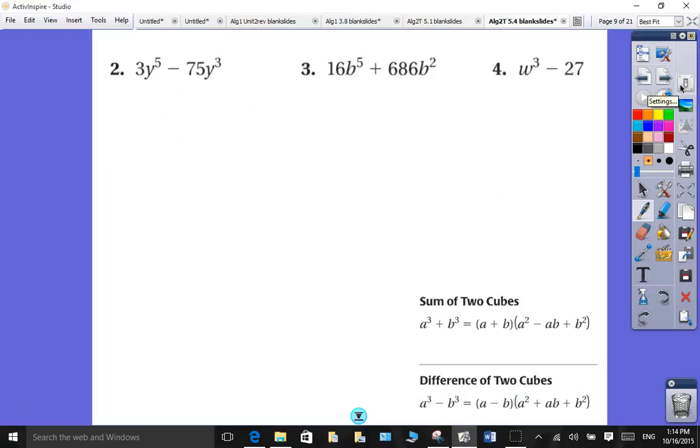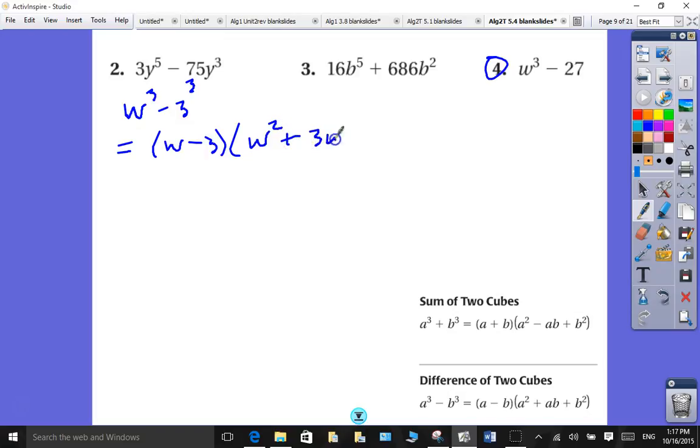So let's try to do number 4 first. Okay, so the A is W, the B is 3.